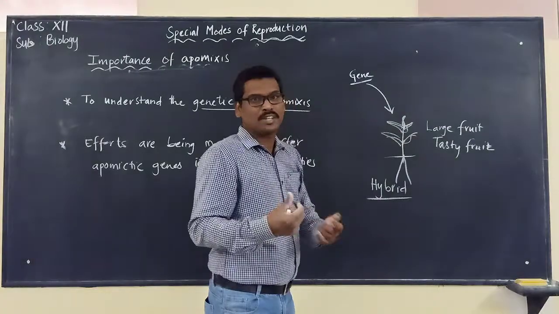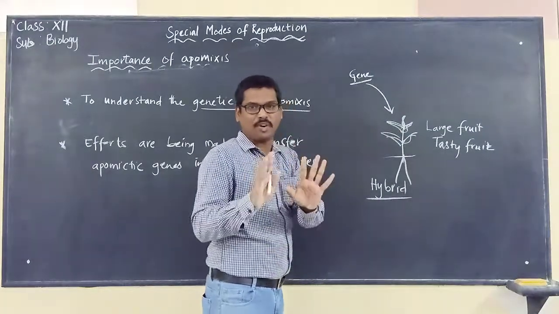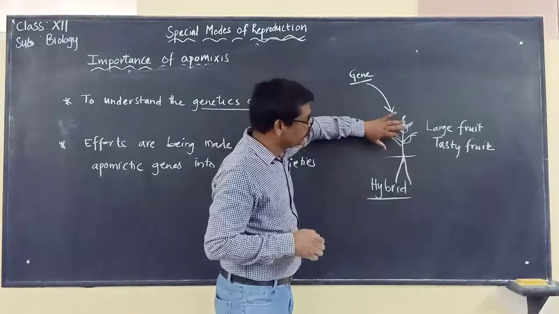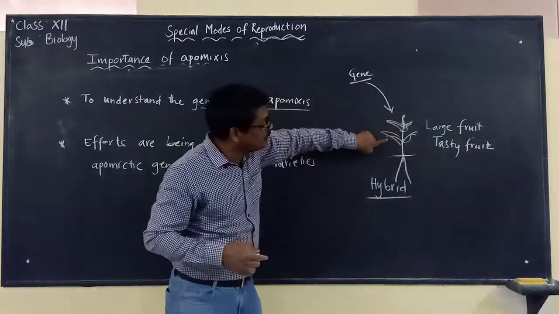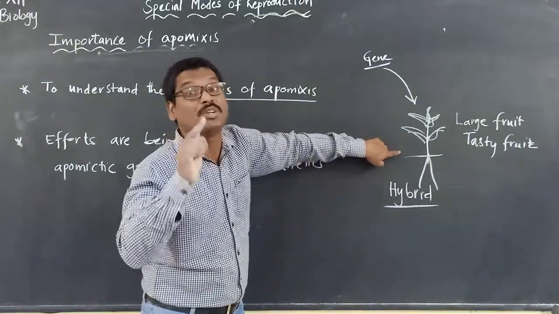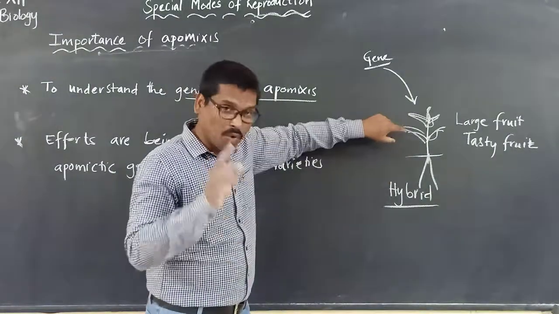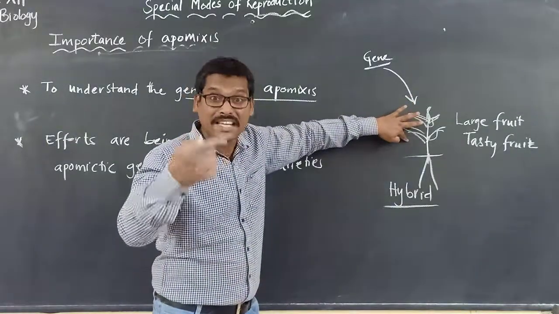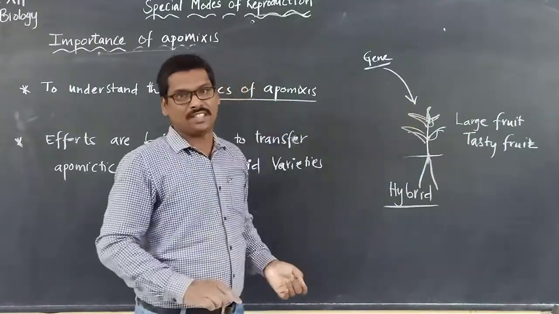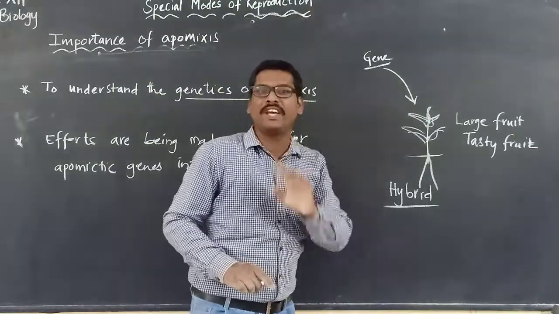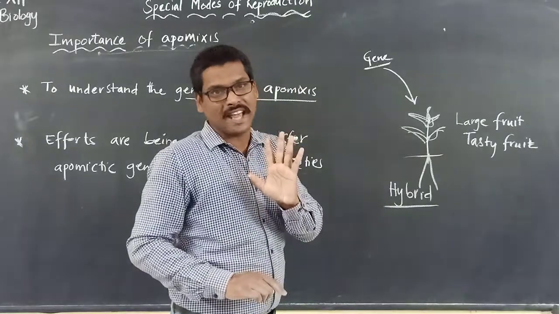How is it possible? It is not possible through cross pollination that occurs naturally in the environment. So they want this hybrid variety to produce seeds without fertilization. But to produce seeds without fertilization, there must be a gene responsible for that characteristic.